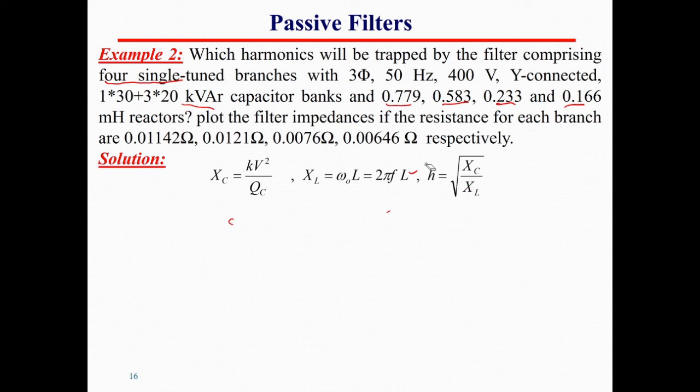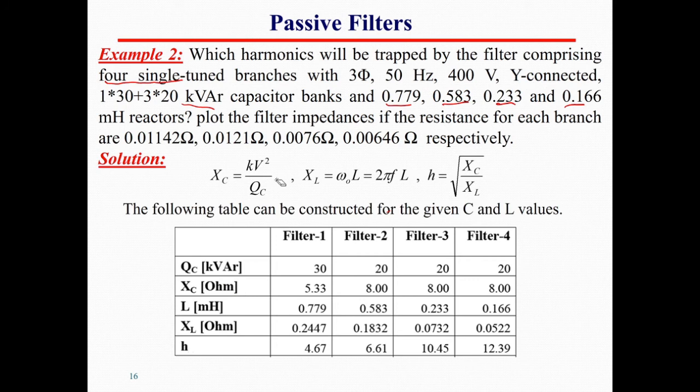So this is the way to calculate X, the value to calculate H. For the first up to the fourth filter, Q, XL, L, XC, and then we know H. This one is used to tune the fifth harmonic, but of course we didn't tune it at fifth because of the reason that we have already discussed. We tune it to be at 4.67.